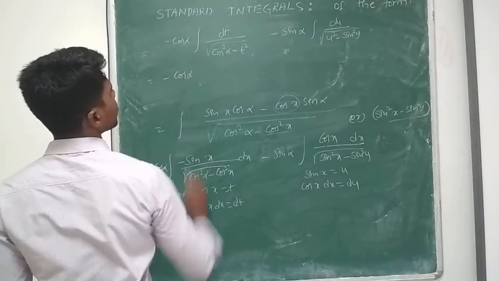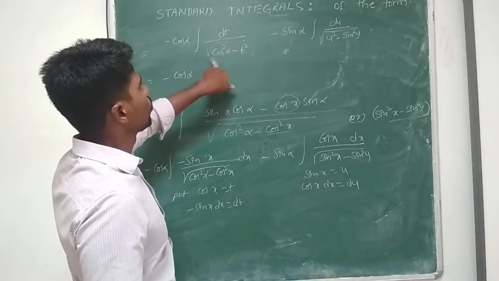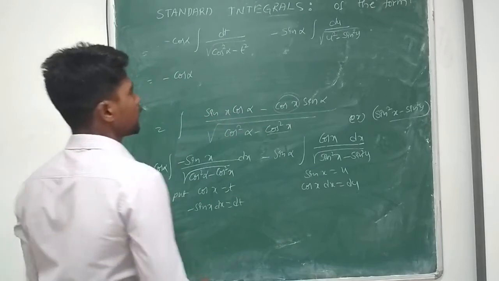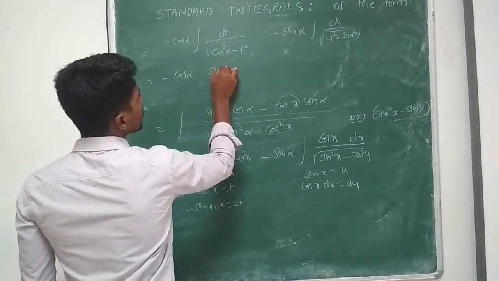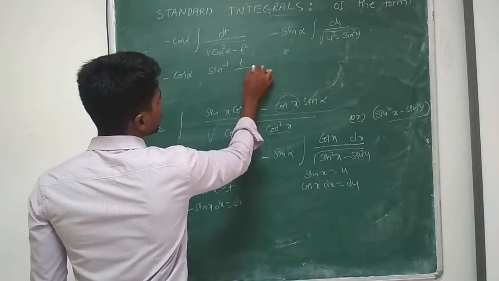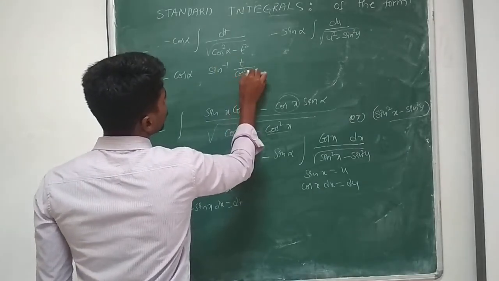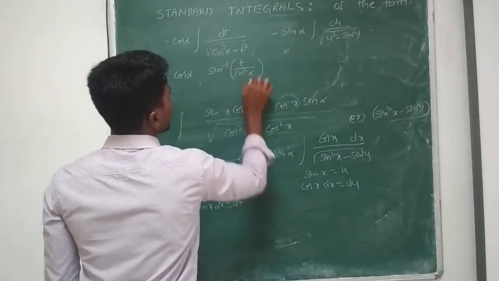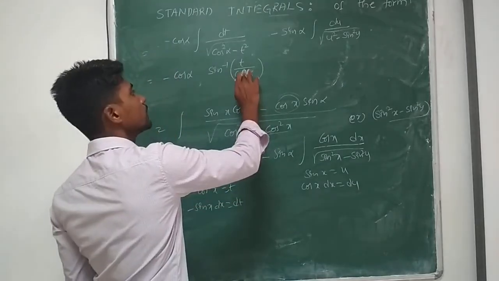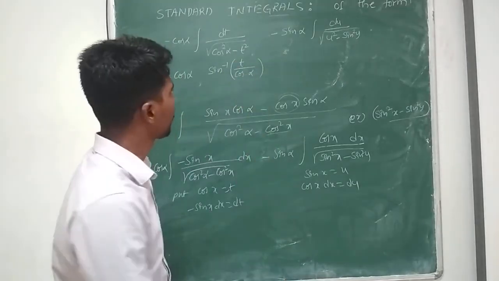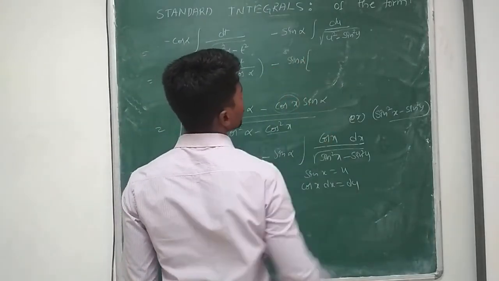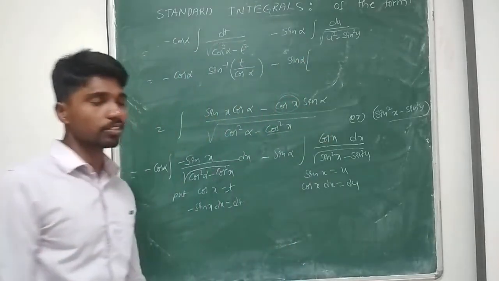Minus cos alpha times 1 by root of 1 minus x square, which is nothing but sin inverse of x, so in place of x I have t by cos alpha, it is a square, the value of a is cos alpha. Minus sin alpha into, it is in the form 1 by root of x square minus a square.